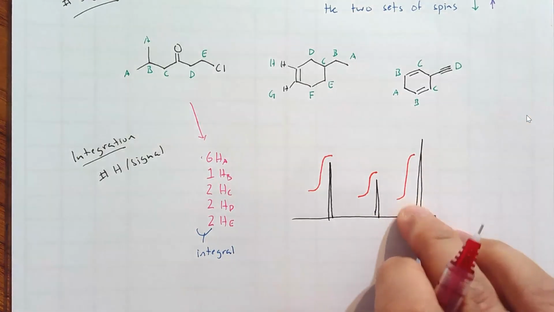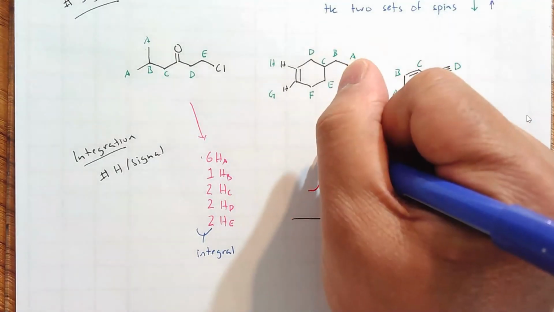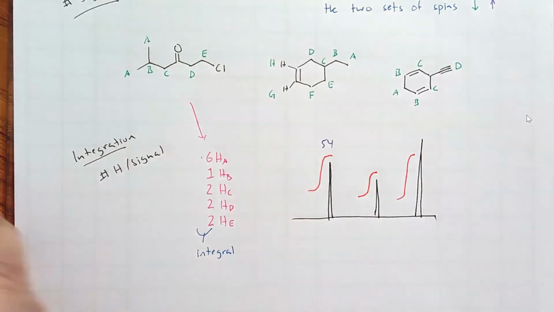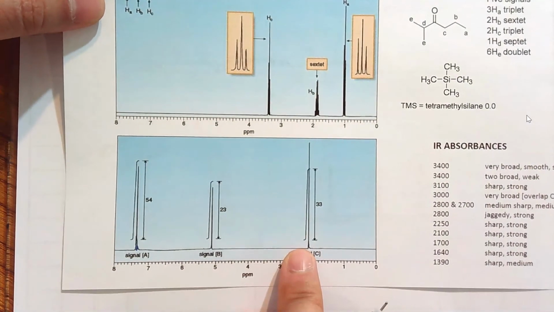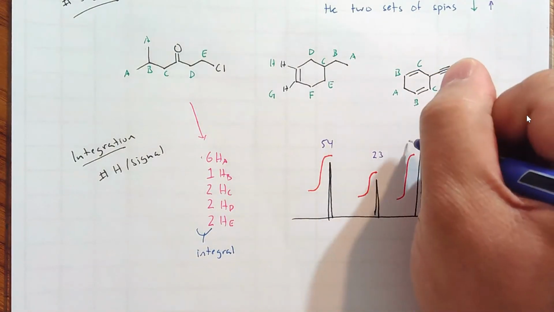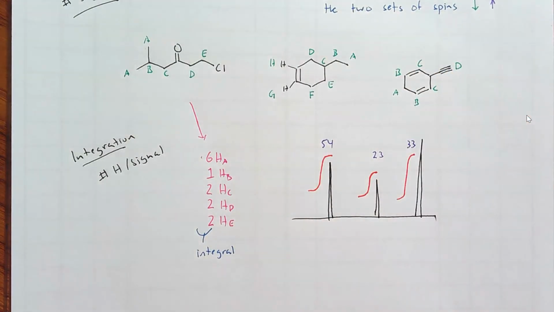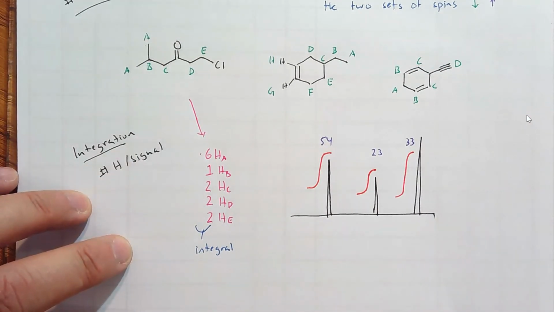And the height of each integral gives you the ratio. But the ratio here is kind of tricky because the numbers I see on my study sheet, 54, 23, 33, those are the ratios, but those are not the number of hydrogens.